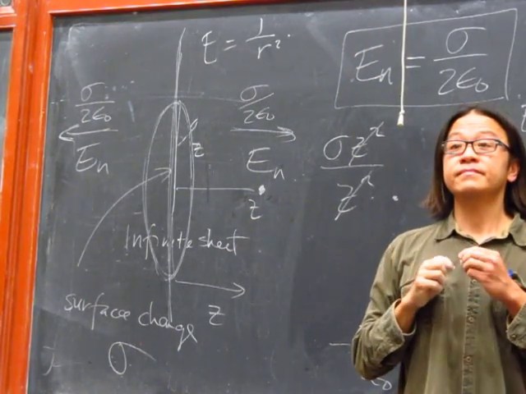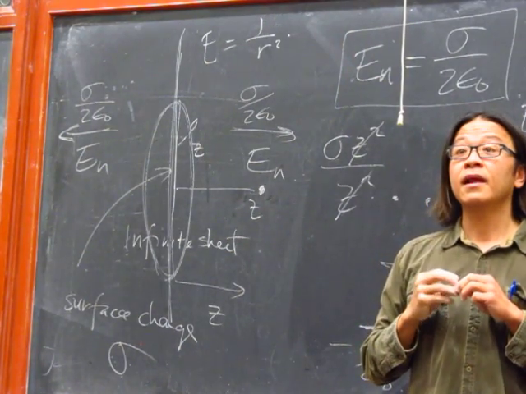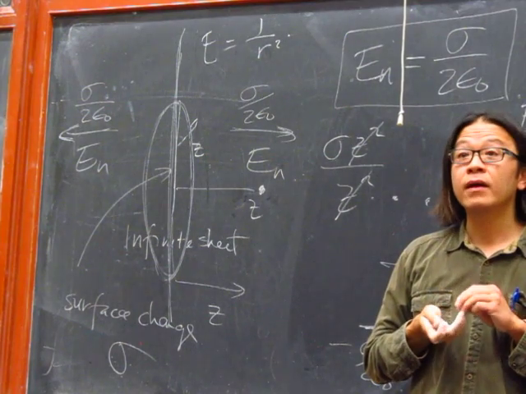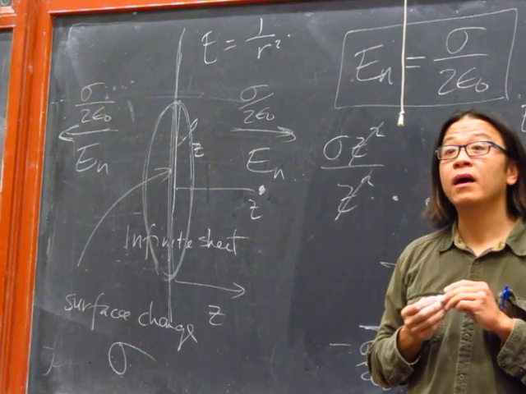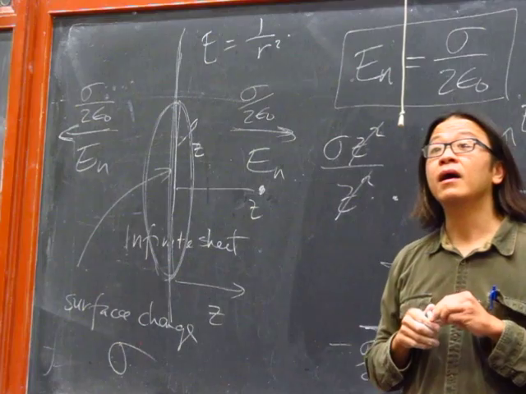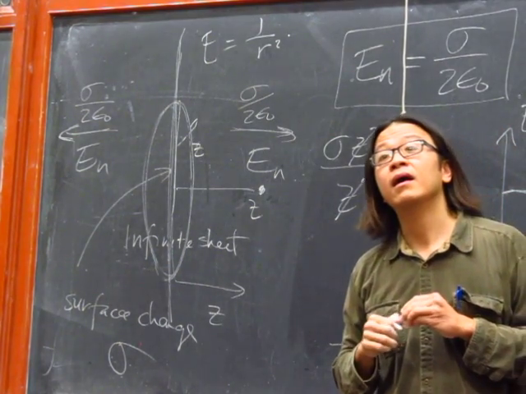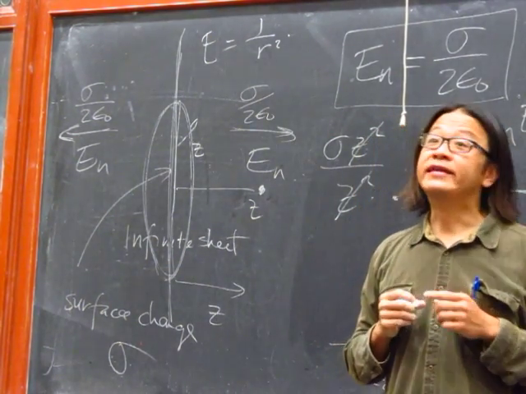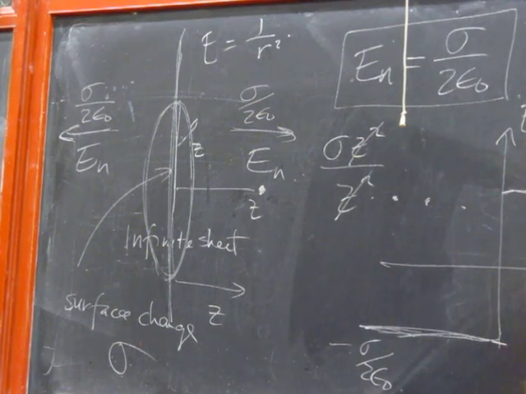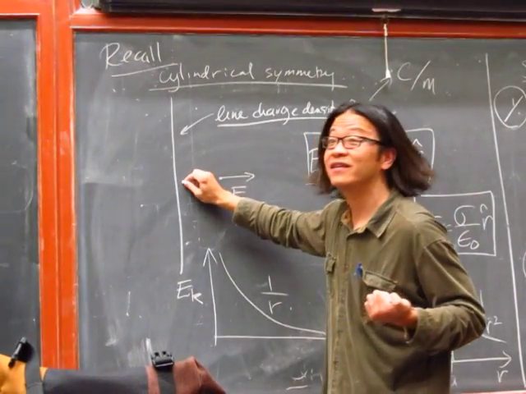So would that be why the infinite line charge wouldn't give you the same result? Because from anywhere you are, it still looks like a line. Yeah, but it's not exactly the same, right?